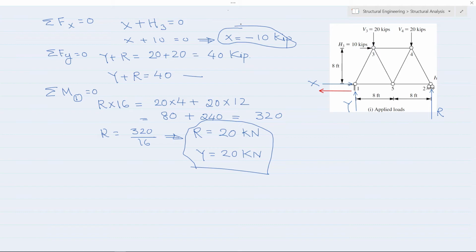Now comes another term which is called a free body diagram. So what is a free body diagram?